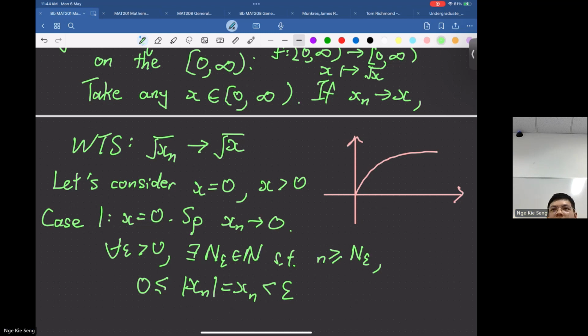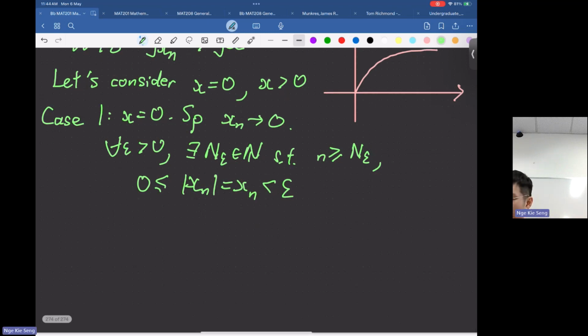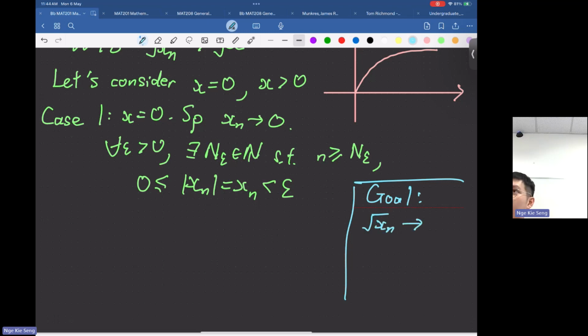Remember, what's the goal you want to prove here? Let's write down our goal. We want to show that square root of x_n converges to square root of x, which in this case is square root of 0, which is 0.